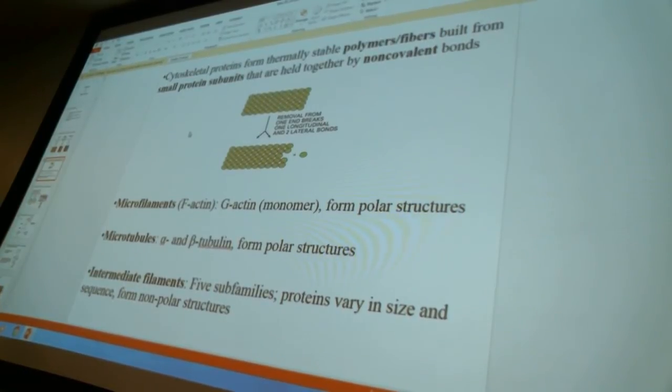It's a head-to-tail formation, and it's quite important for the interaction with the various motor proteins associated with these fibers. On the other hand, intermediate filaments are non-polar in structure. They usually organize tail to tail, head to head, forming multi-layered fibril networks. They are very symmetrical a lot of times, and they don't associate with any of the motors.